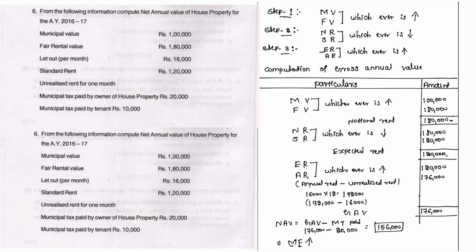Step number 2, NS, that is notional rent and standard rent, whichever is lower. Step number 3, EA, expected rent and actual rent, whichever is higher. So MF, NS, EA.